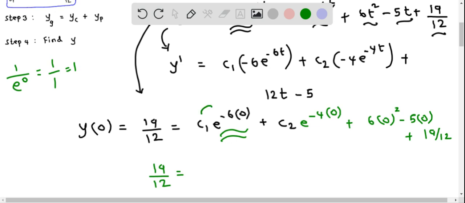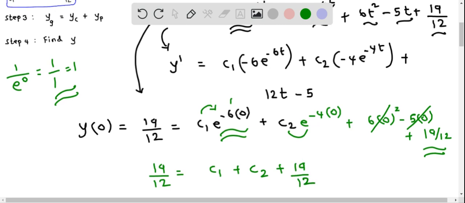So c1 times 1 is c1. Similarly, for this expression we have e raised to the power of negative 0, which equals 1, so c2 times 1 is c2, and the next term, 0 squared times 6, is 0, 0 times negative 5 is 0, and finally we have only 19 over 12.